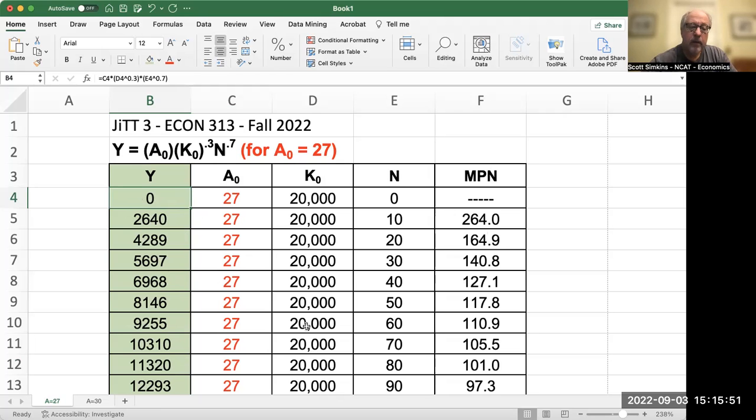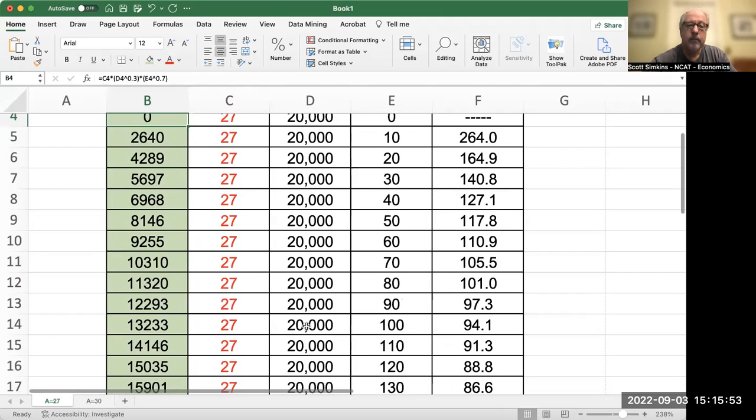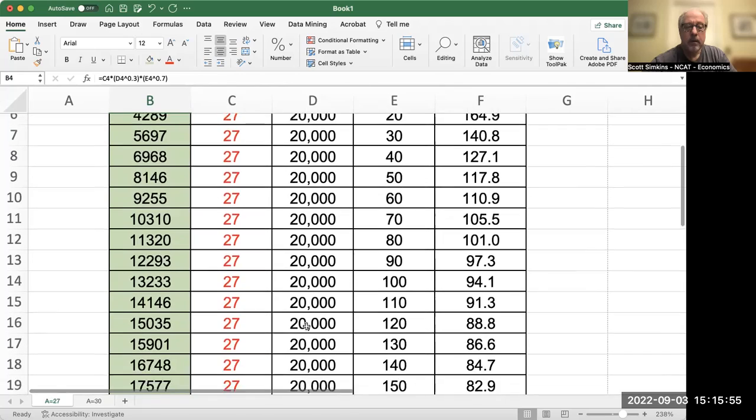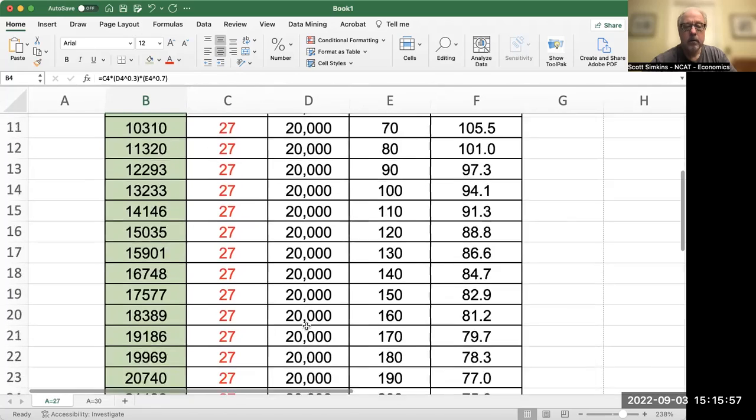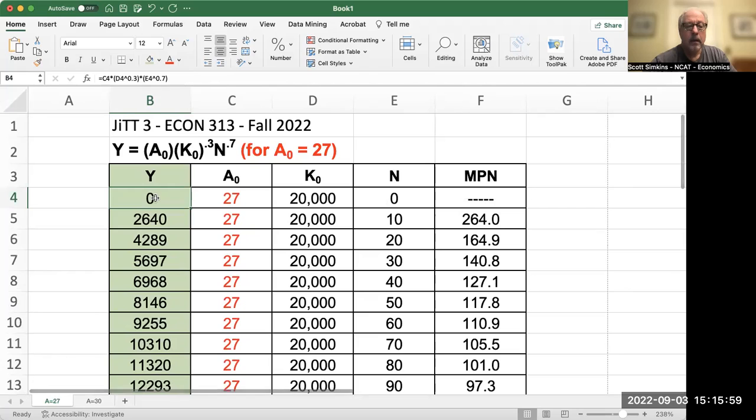And so, what do we have at the end of that? If we plot Y, real GDP, as a function of N, that's the graph that we have on the actual JiTT assignment.